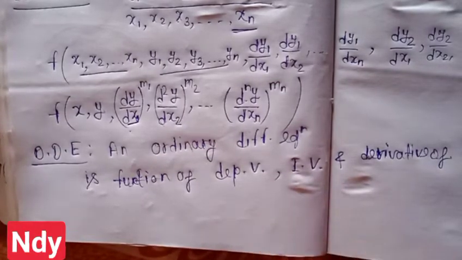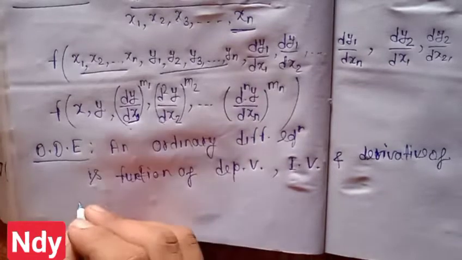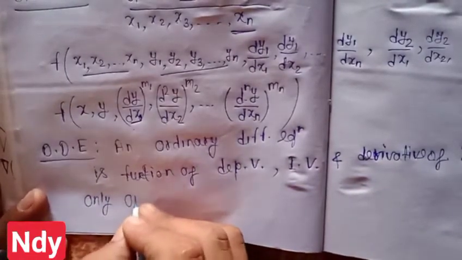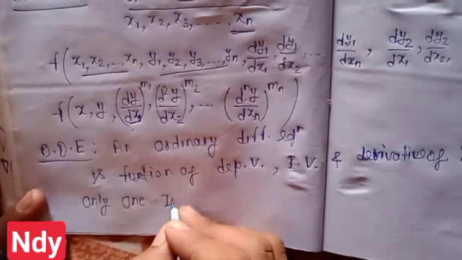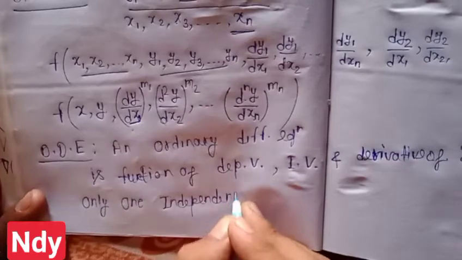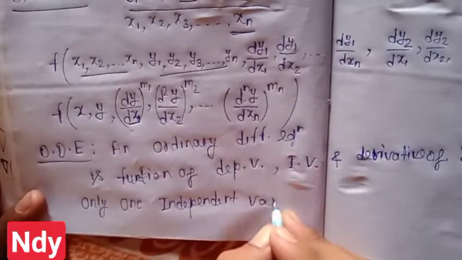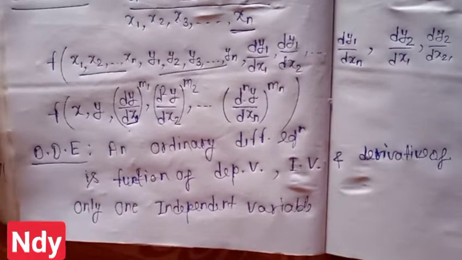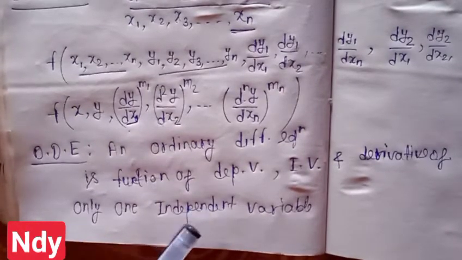But what should be the case? We have only one independent variable, whether the number of dependent variables may be one or more.